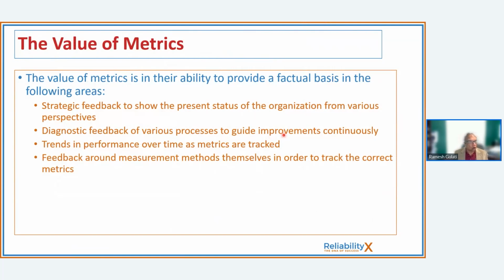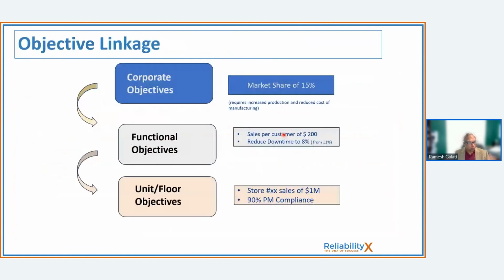So these are corporate objectives to functional objectives to unit floor level objectives. And these are a few more examples, same thing. Say I'm increasing more throughput, I'm increasing market share 15%. What does that mean? That we have to produce more so we can get more market share and we can meet those increased production requirements.